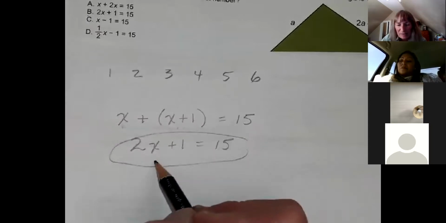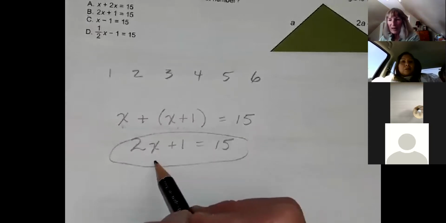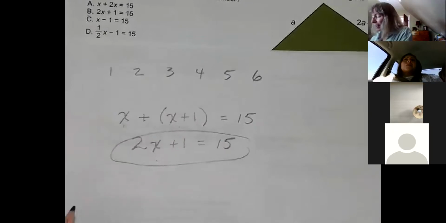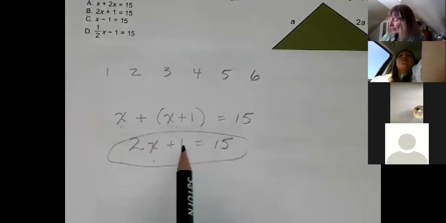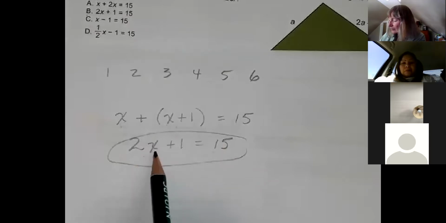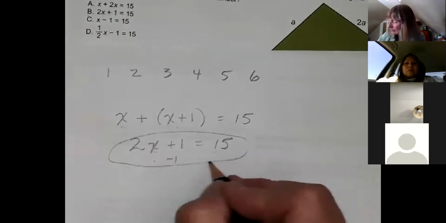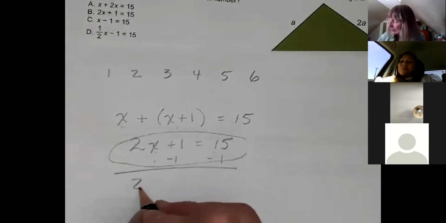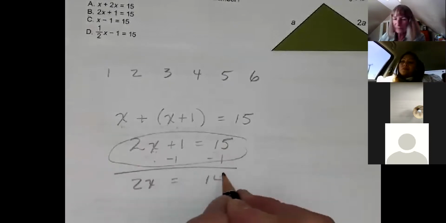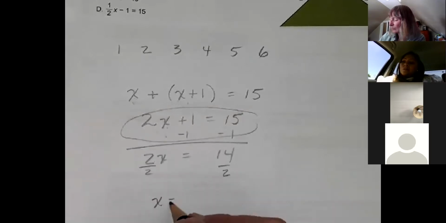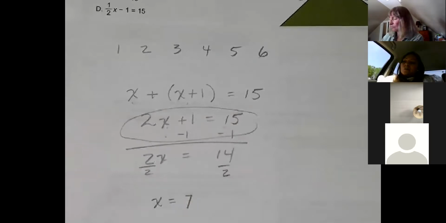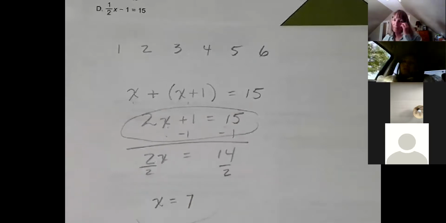Does it make sense? We can actually check it and see if we like that answer. Let's do the algebra to this. If I'm solving for x, I'm going to subtract 1, and we get that 2x is 14. Divide both sides by 2, and we get that x equals 7. Okay, so what does that mean?